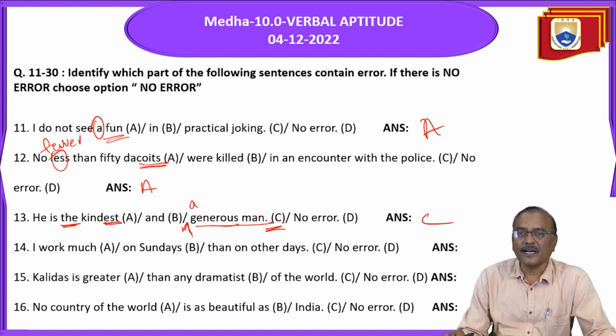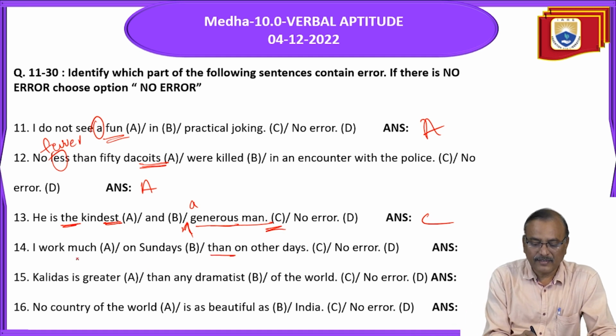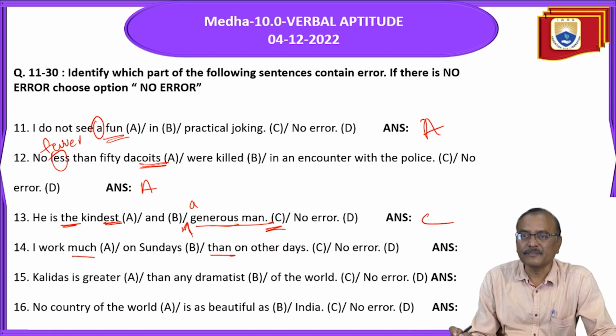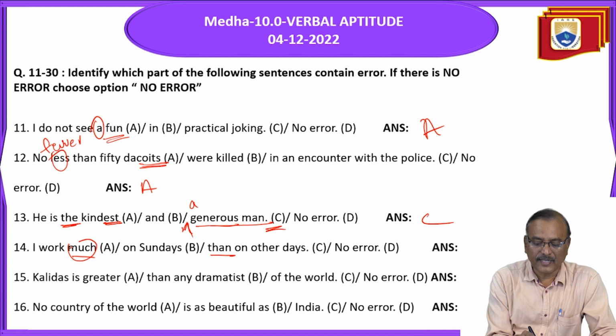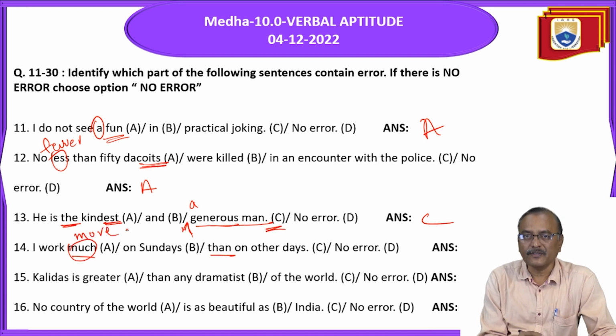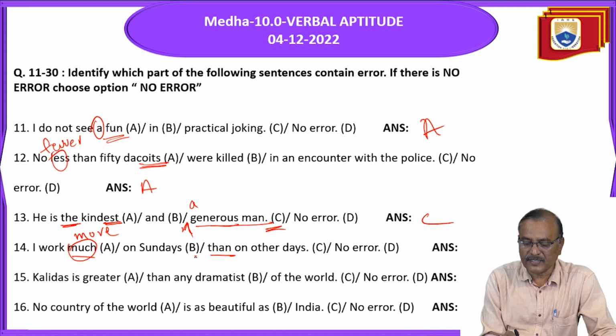I work much on Sundays than. So than is there, no? When than is there, it is comparative. So here it should be more, not much. Much is positive, more is comparative, most is superlative. In the comparative degree, we don't use much.